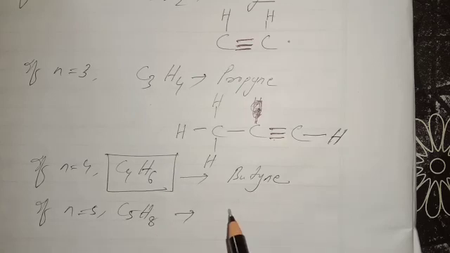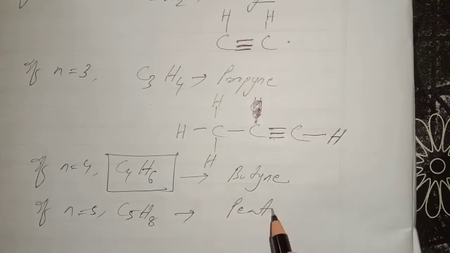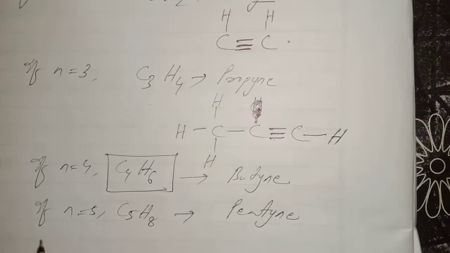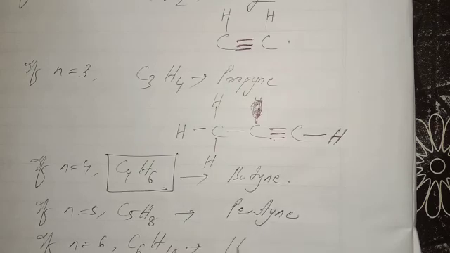This is pentyne. If n is equal to 6, this will be C6H, 12 minus 2, that is 10, C6H10. That is hexyne.